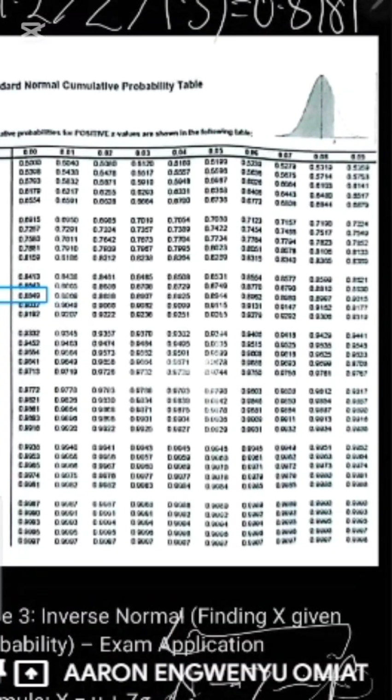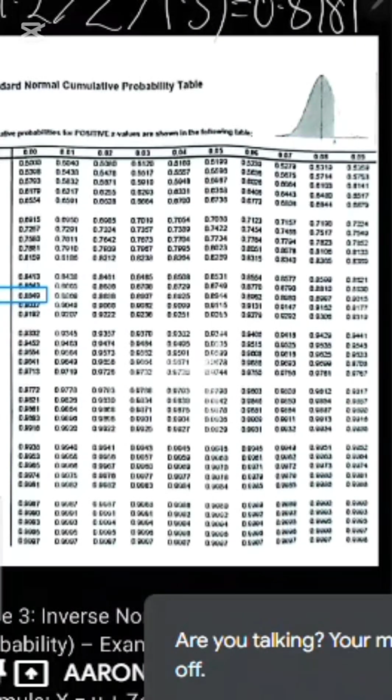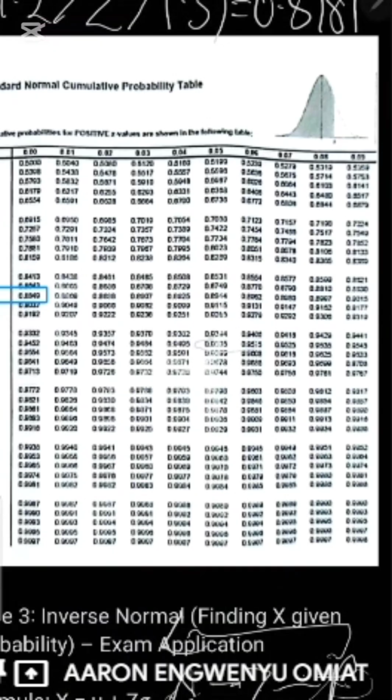So if we go to this table, positive, and they're telling us 0.95, we start looking where 0.9 is, around here. There are two values here. I don't think you can see it, but let me try to zoom. We have 0.9505 and 0.9515.